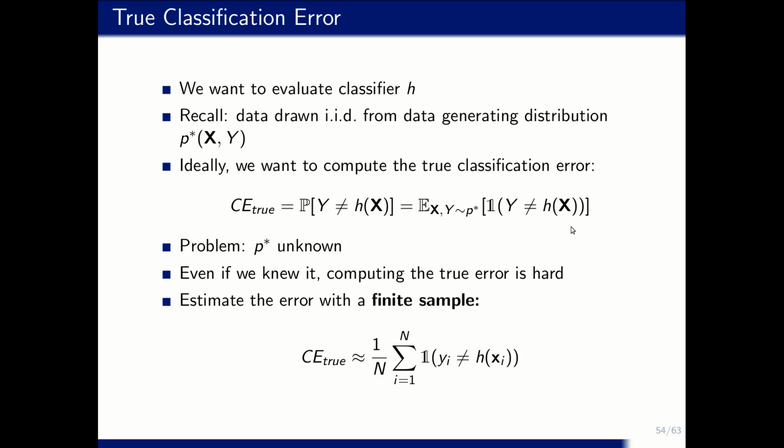So say we have a collection of n samples and we simply count the number of errors within the samples. So this is the indicator function, and this is 1 when the output of our classifier for sample xi does not agree with the true label. And we average this by the number of samples. So using a finite sample, we can have a finite sample approximation of the true error.